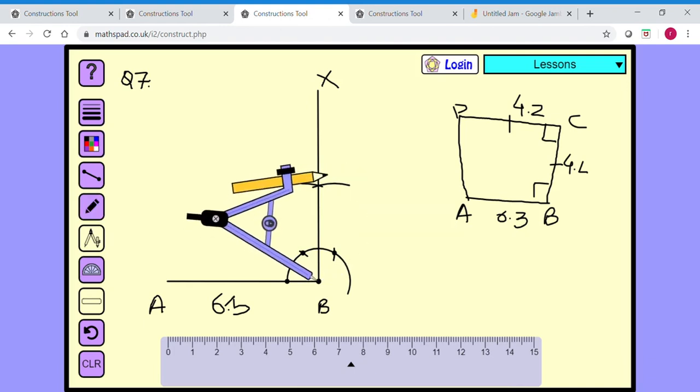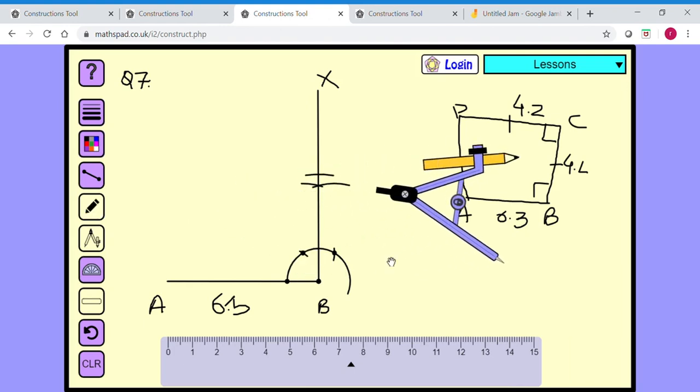Can I just take a scale and measure 4.2 here? No, because any measurement has to be done using a compass. So this gives me my point C, and this is length 4.2.